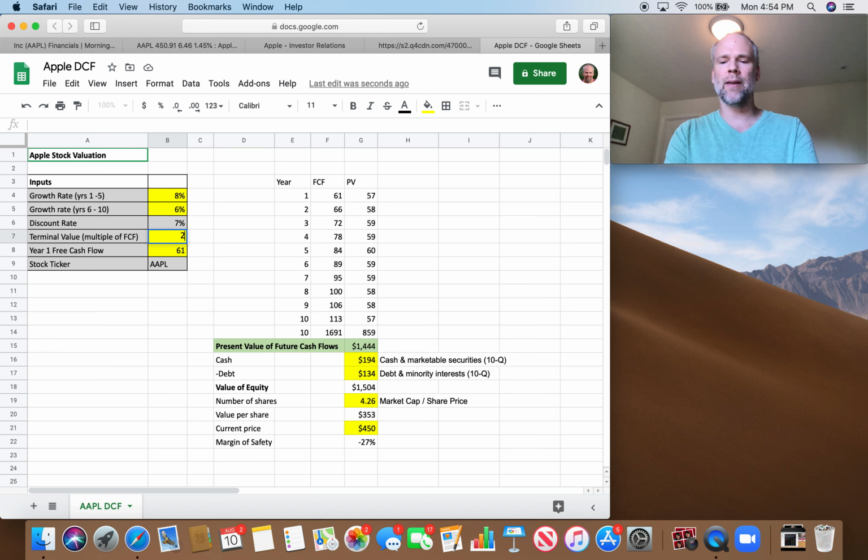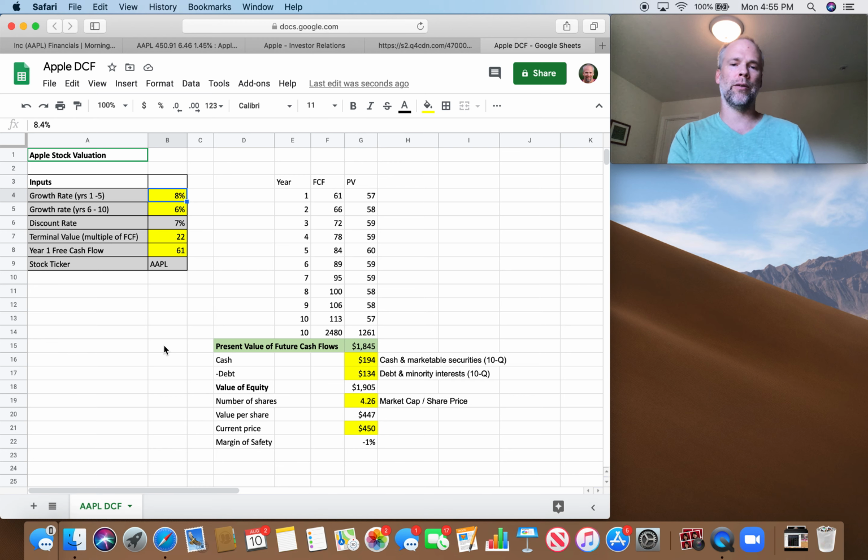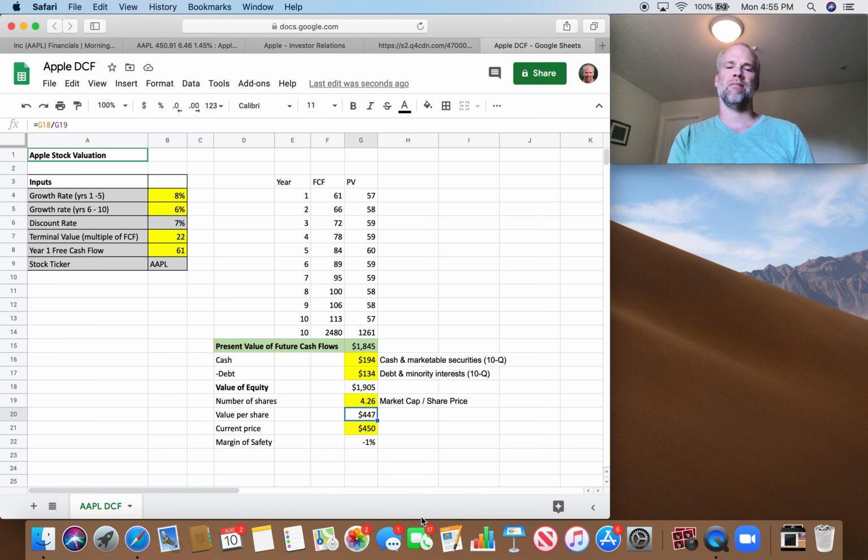But you see, with just a little massaging of the numbers, we can tweak the valuation by a lot, okay? We went from a price that was more than double the value, to a price that's really in line with value right now.